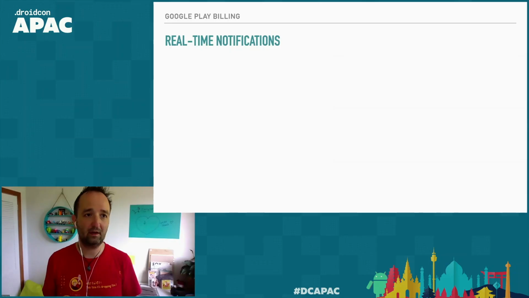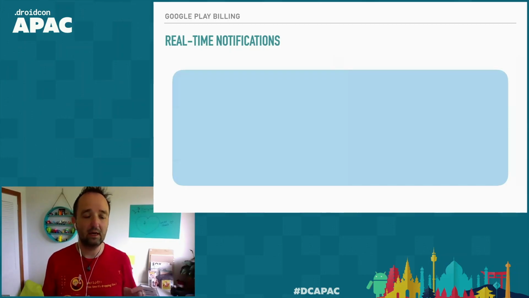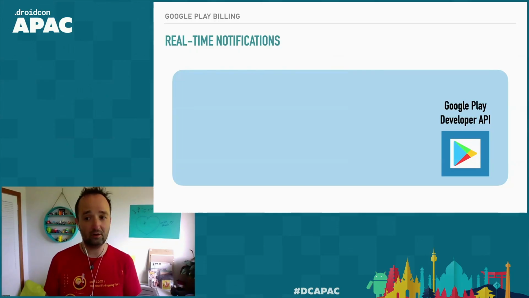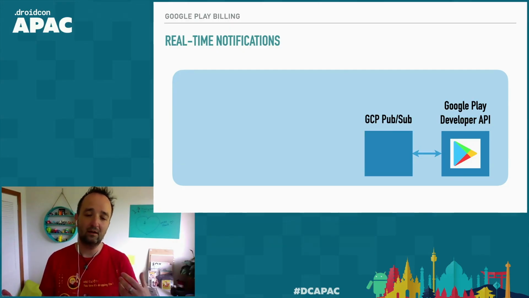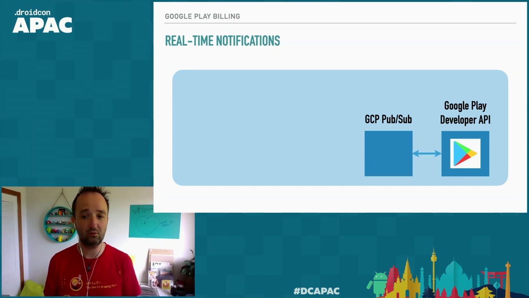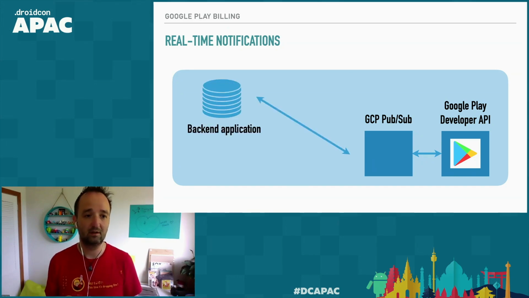The other interesting thing that the Google Play billing infrastructure provides is real-time notifications. They also are based on the Google Play Developer API on Google's end. Then you need to have a Google Cloud Pub/Sub setup that allows your applications or your backend to subscribe to notices, and usually that would be your backend application.